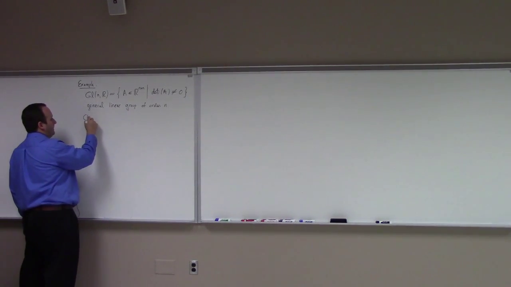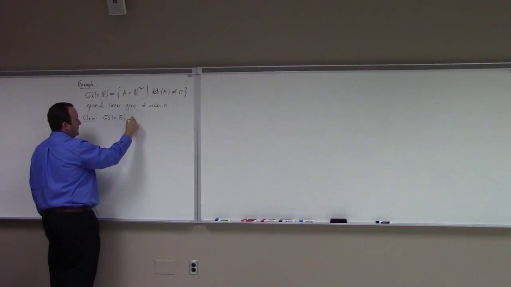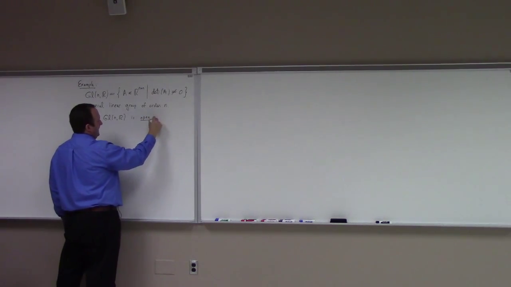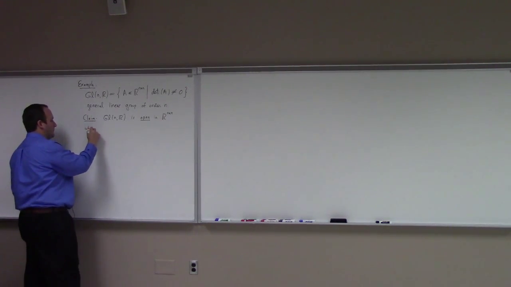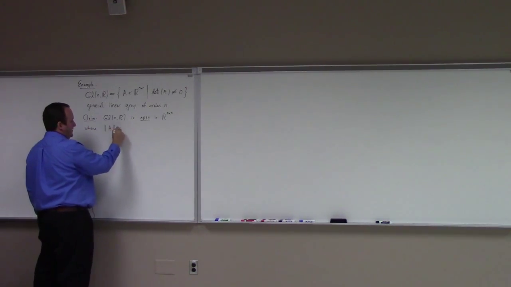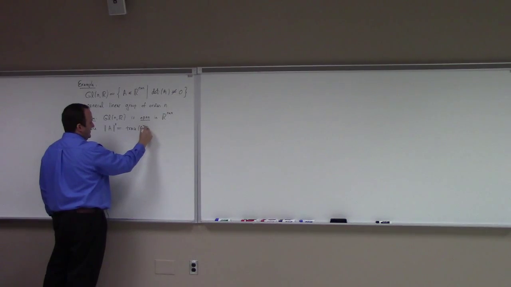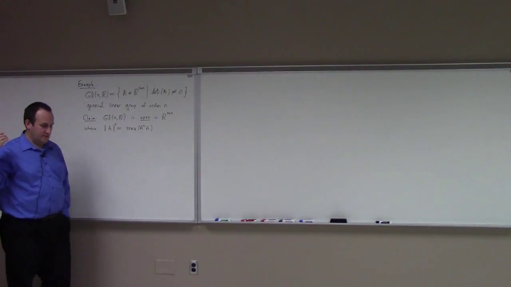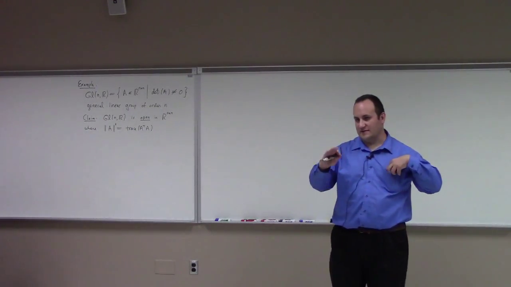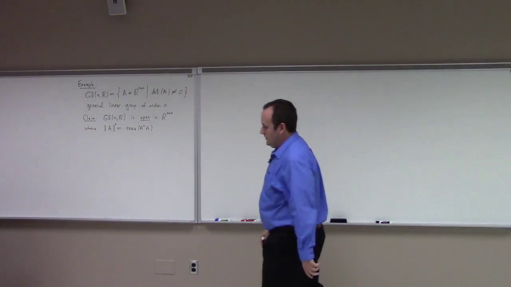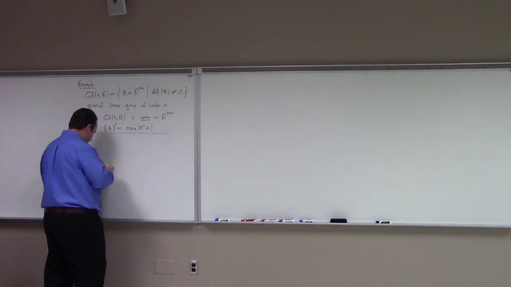So I claim GL(n, R) is open in R n by n, where we define the norm of A, squared, to be the trace of A transpose A, which again is just a sneaky formula for the Euclidean length of the corresponding n squared vector. You just list out the components. All right, that's the claim. Let me show you the proof.